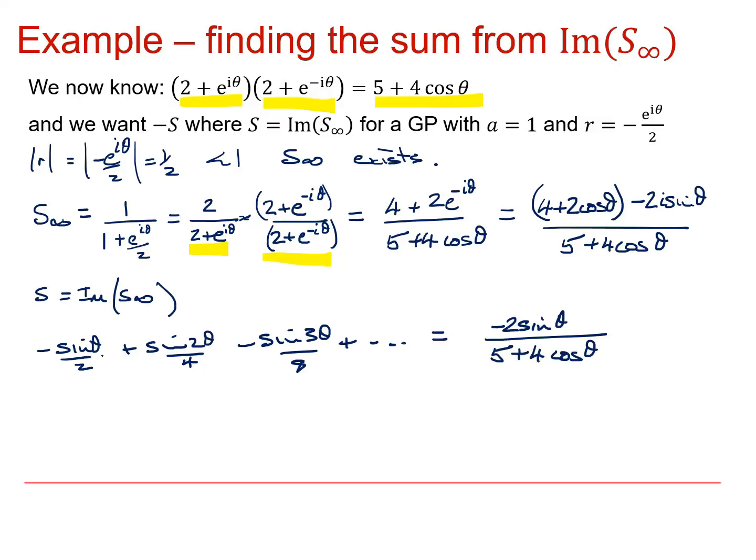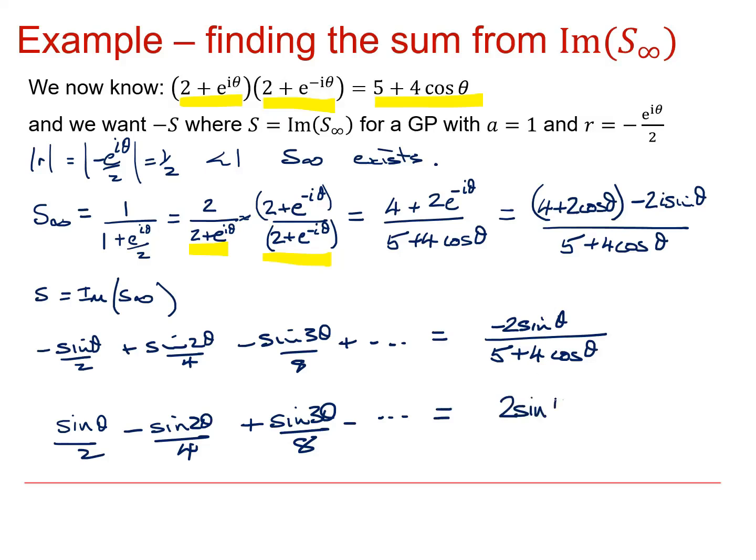And the series I actually wanted is a sign flip on this. So it's sine theta over 2 minus sine 2 theta over 4 plus sine 3 theta over 8 minus the other bits. And so I'm going to get a sign flip here. So that's going to be 2 sine theta over 5 plus 4 cos theta.